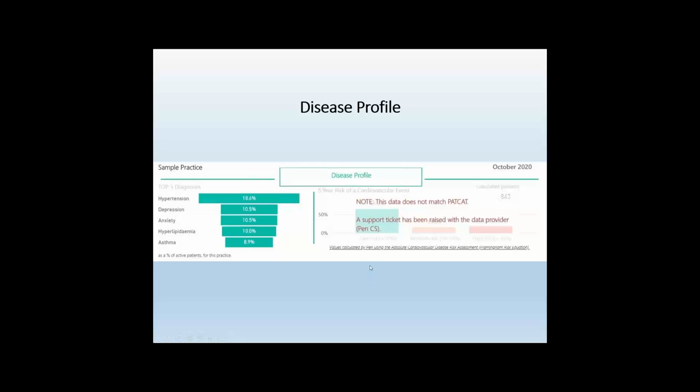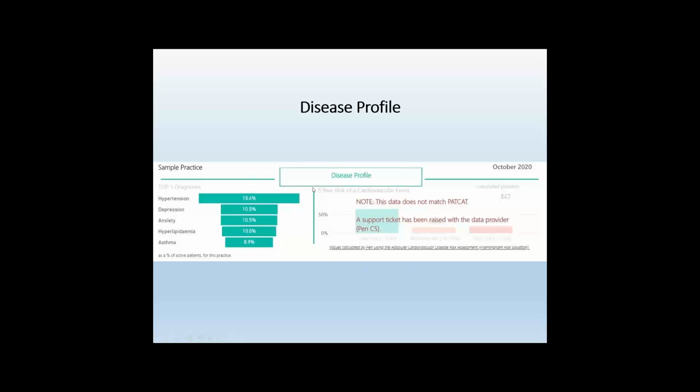So this shows patients who have all the relevant data points present to be able to calculate that risk, and it categorizes them into those different risk categories: low, medium, and high.